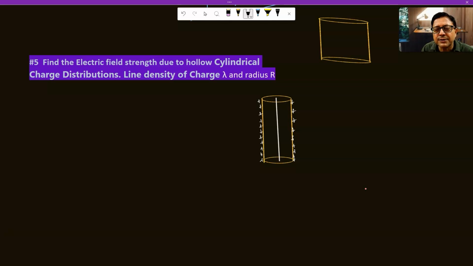This is the axis. Inside no charge. Charge resides on the surface only. Your problem is to find electric field here at a point inside. That we refer as E in. Then you want to find outside. It is E out. Clear?